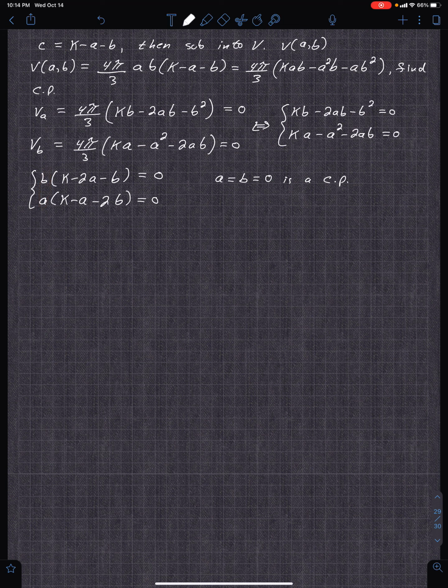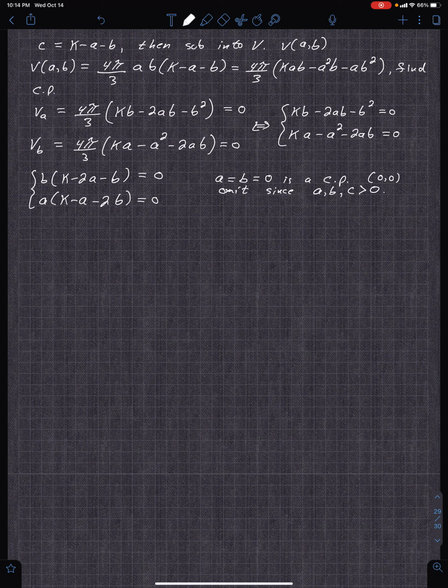You basically set each factor equal to 0 and solve. But that's not going to get us anywhere. So you have a critical point of 0, 0. And of course, we omit that, since we are assuming A, B, and C are all positive, because they're lengths.